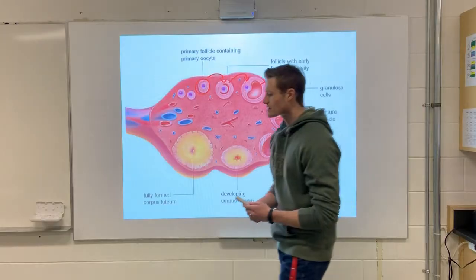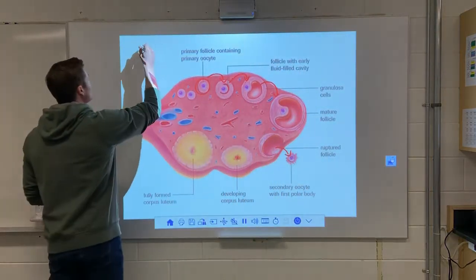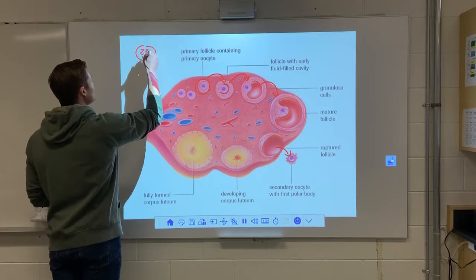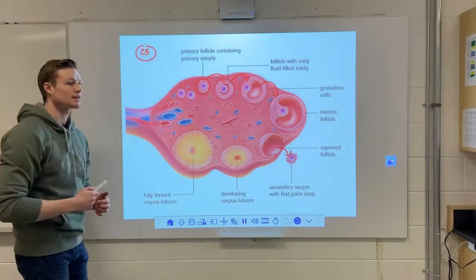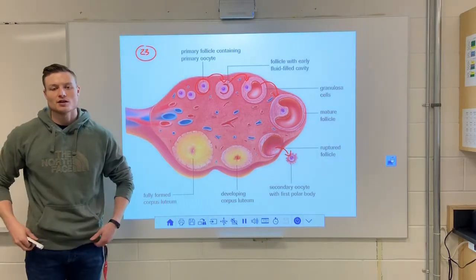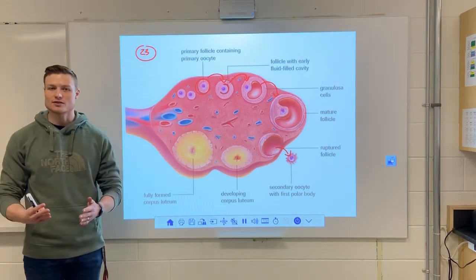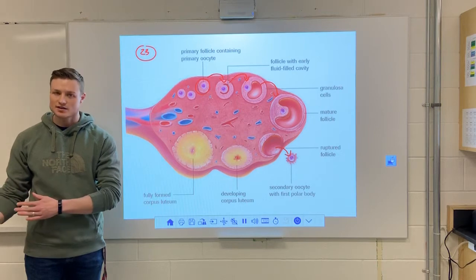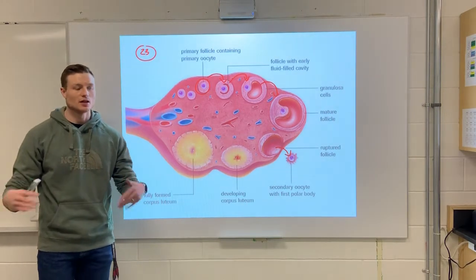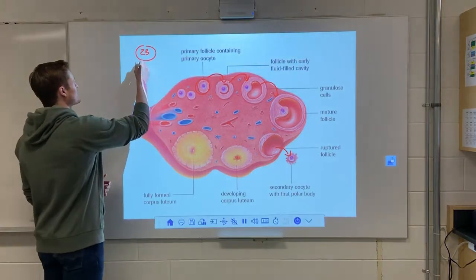Now, very similar where we had our cell, 23 chromosomes, it will divide into two cells with 23 chromosomes. Now, when we're talking about the primary spermatocytes becoming the secondary spermatocytes, it's equal. Everything's equal, everything's split evenly. But when we're talking about oocytes, it's not.